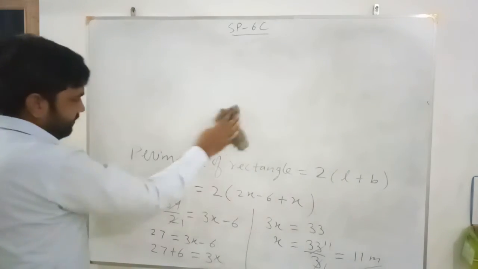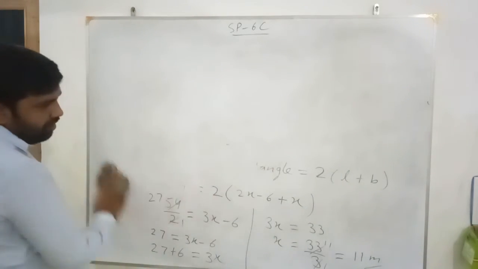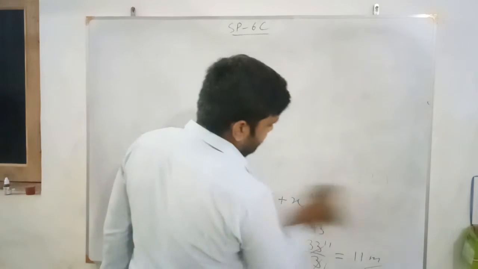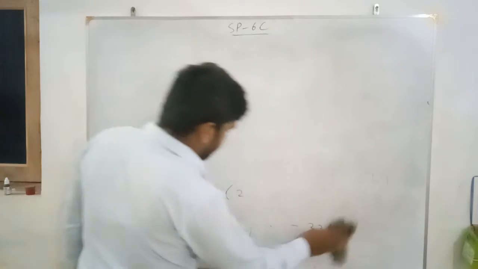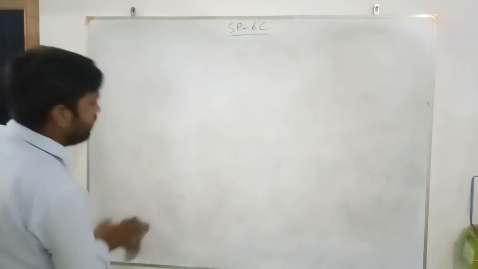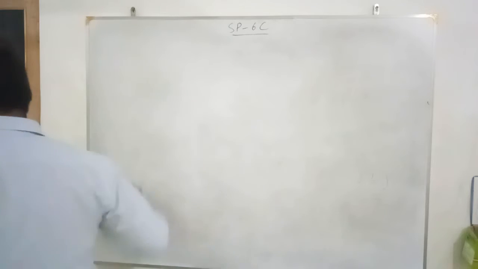So we find the length by putting the value in the expression, that is 2x minus 6. You will get 16 meter. Okay, now we move to the next question.